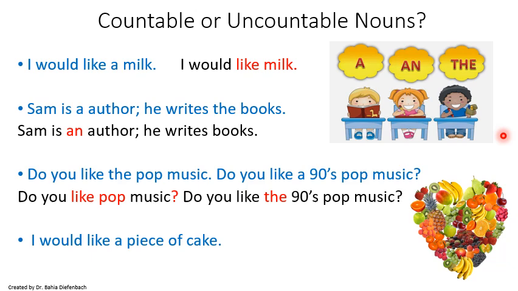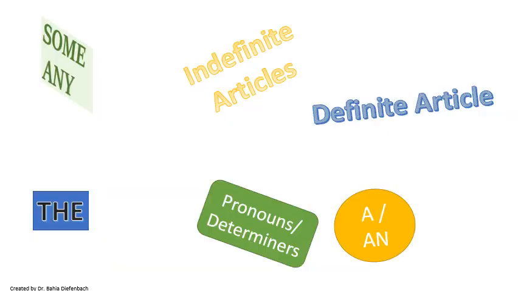How about this one? Okay, it is correct. I would like a piece of cake. There is nothing wrong with it. It is one piece of cake, so I use a.